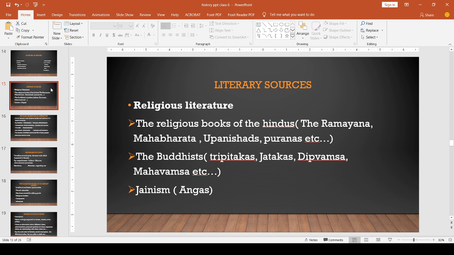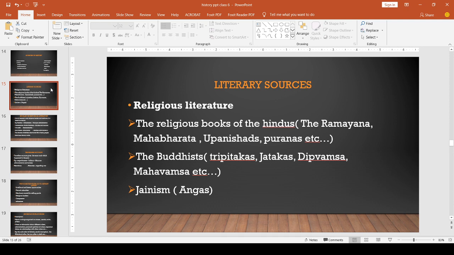So our ancestors wrote their records on various objects like dried bojpatras. What is bojpatra? Bojpatras means dried, thin leaves. They used these dried thin leaves for writing. They also wrote on the bark of trees, then plates of copper.